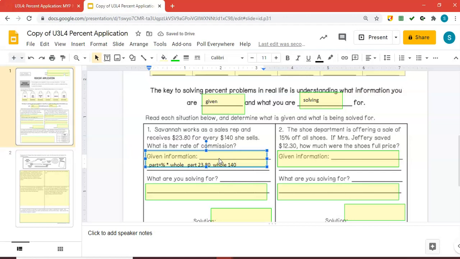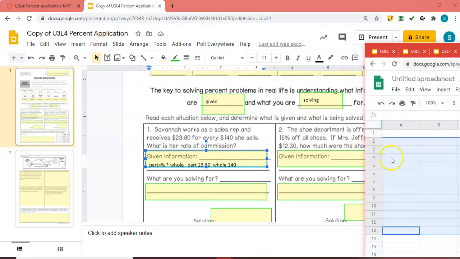All right? So let's go ahead and calculate that division. Now, remember, part over whole. That's going to give us our decimal, so we're going to take 23.80 divided by 140. And that is 0.17, which is 17%.